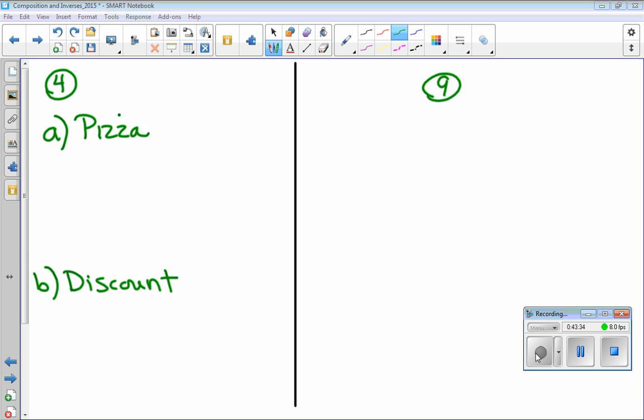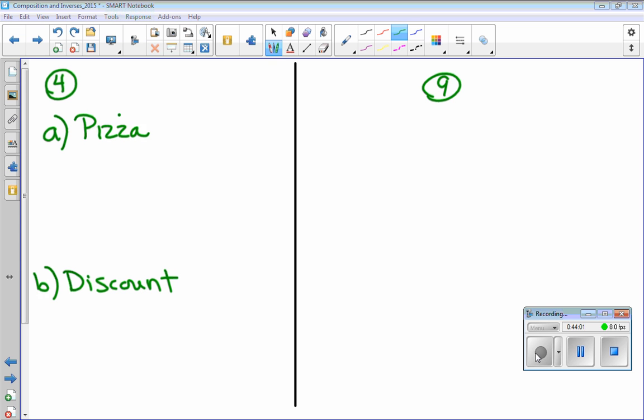Let's start by reading the pizza question and make sure we understand it, okay? It says you have a coupon good for $8 off the price of any large pizza. You also get a 20% discount on any pizza if you show your student ID. How much more would you pay for a large pizza if the cashier applies the coupon first?